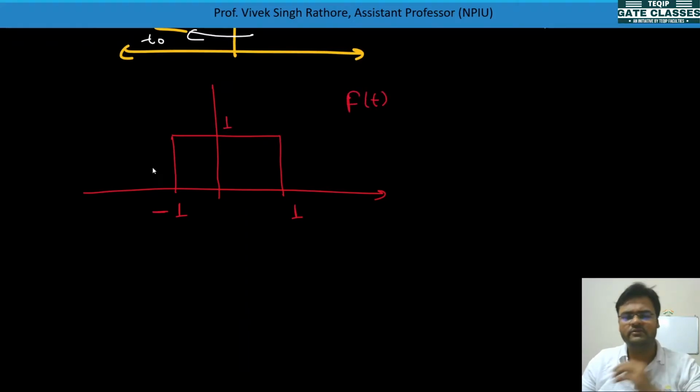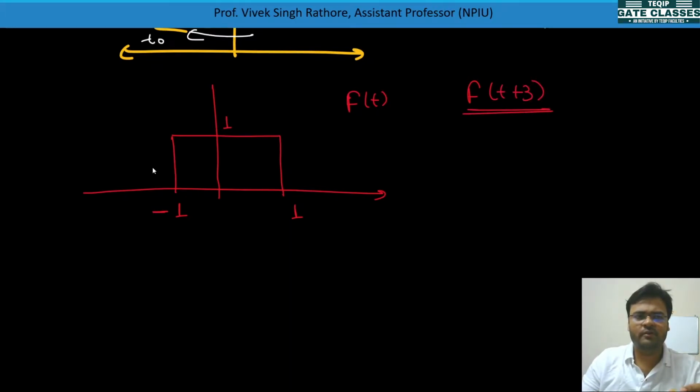Now if anyone asks you to shift it to f(t plus 3), you understand that this signal is advanced by 3. Mathematically, you can equate t plus 3 with 0. So t plus 3 is equal to 0, and you get t equal to minus 3.